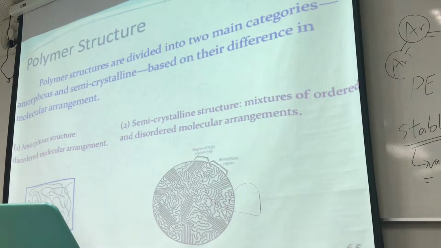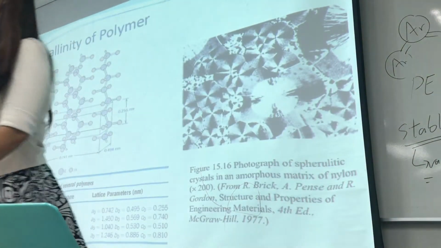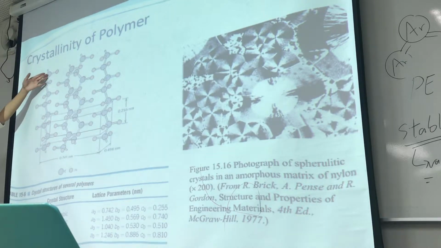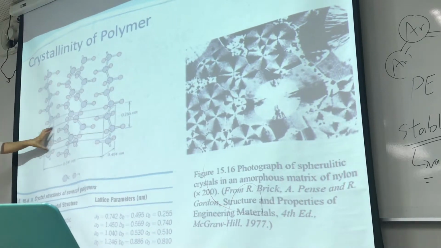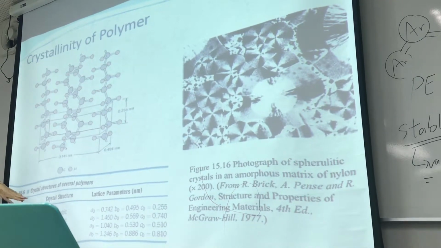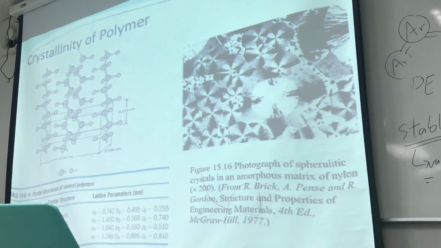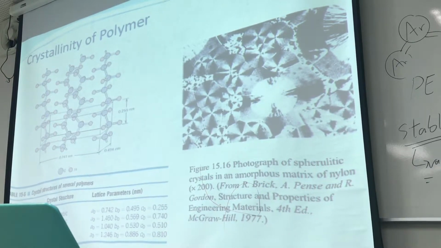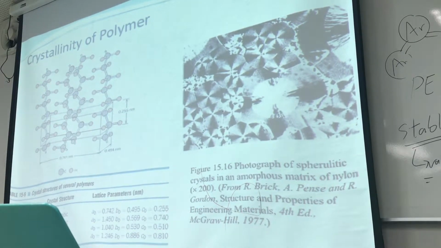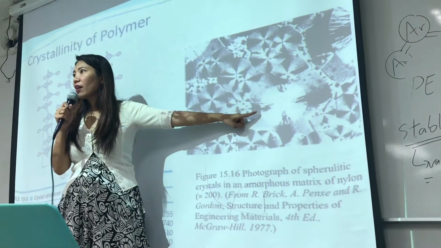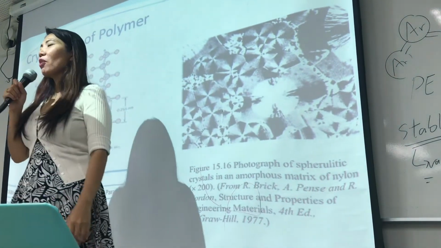So what happens is, for the crystalline polymer, the chain will fit into the structure, like if it is orthorhombic or whatever. But do we care in this case? Right now we don't need to go deep into detail about this one. Have you seen these kinds of things before? Have you heard of the word spherulite?